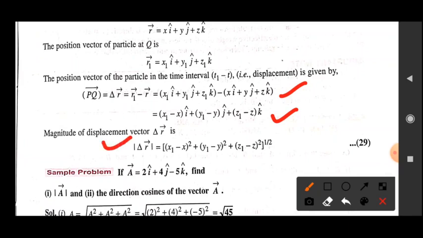Delta r in vector format is this one. Delta r in magnitude format, because we have used the modulus, is the root of (x1 minus x) whole square, plus (y1 minus y) whole square, plus (z1 minus z) whole square. In this way you can find the displacement vector and position vector very easily.